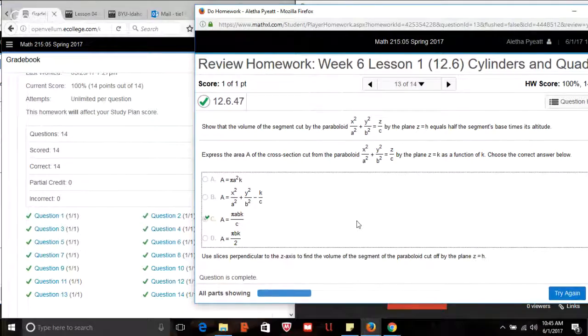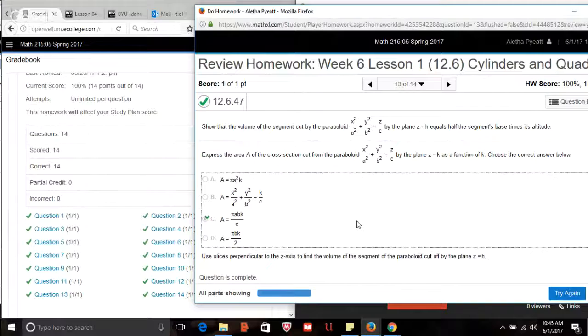Okay, anything under the x squared would be a squared times c over k, and anything under the y squared would be b squared times c over k, and all that equals 1. Yeah.